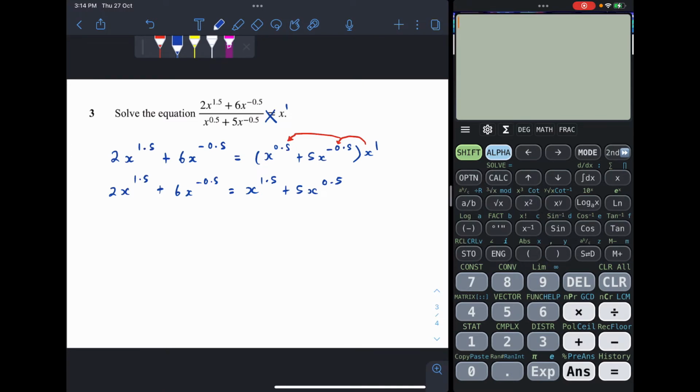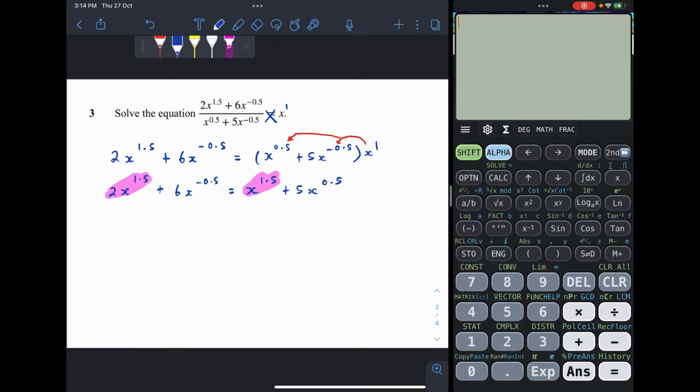I think what I'm going to do is move the terms that have the 1.5, just to the left. I think you can factorize this as well, but it's okay, there are many ways to do this.